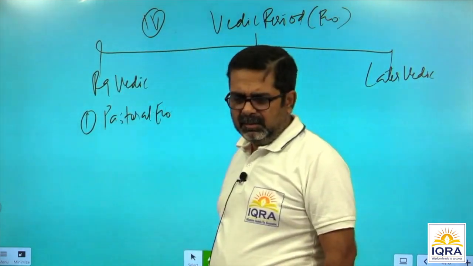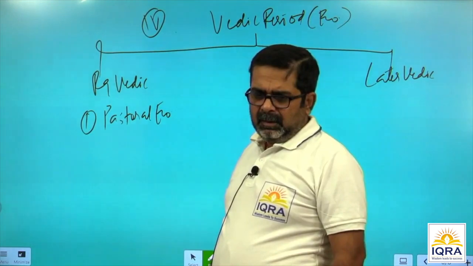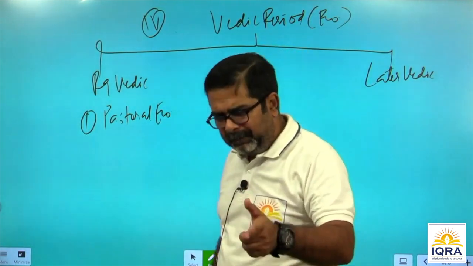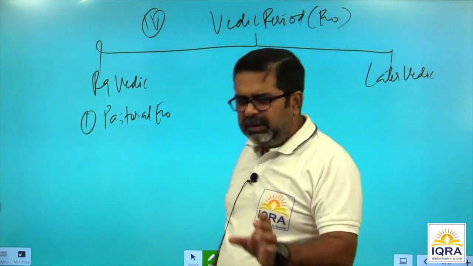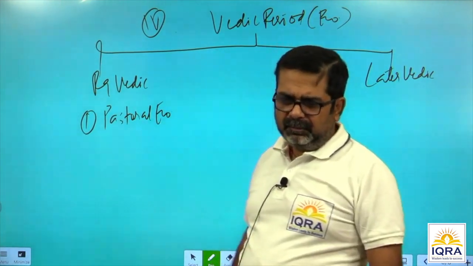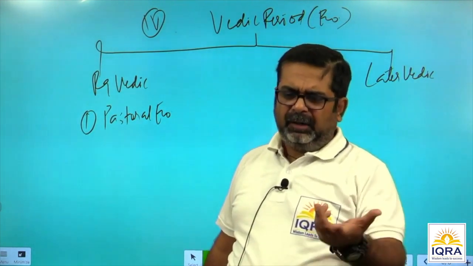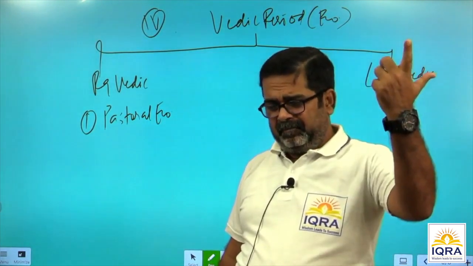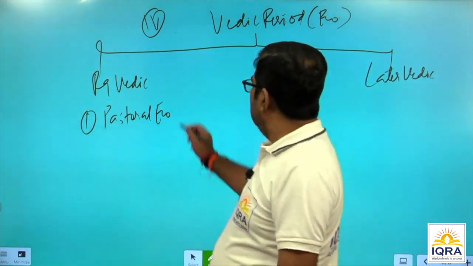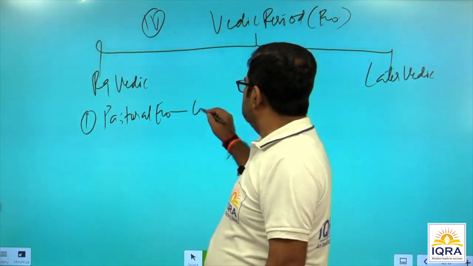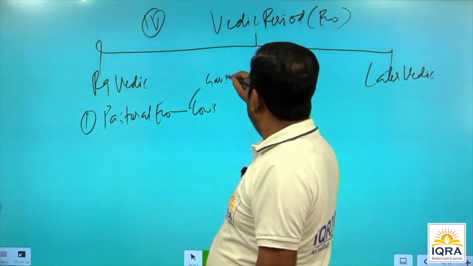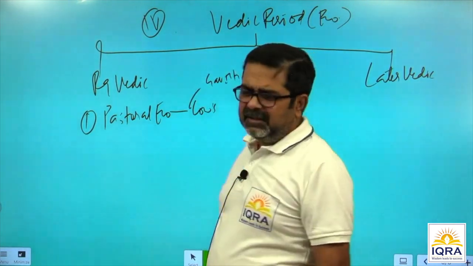The thing which becomes the regular feature of war is the most important feature of that economy. Saudi Arabia, war is for oil. So what is the most important feature of Saudi economy? Oil. Here, war is for cows. Gavishti. Gavishti is the term for cows.